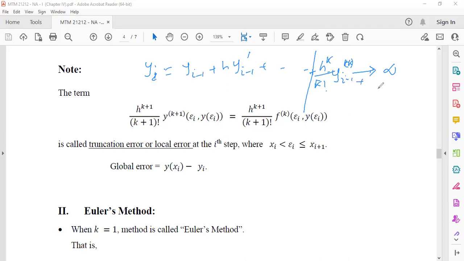The next term we take as an error. We take terms up to the k-th order, and the remainder, up to infinity, we take as the error term.